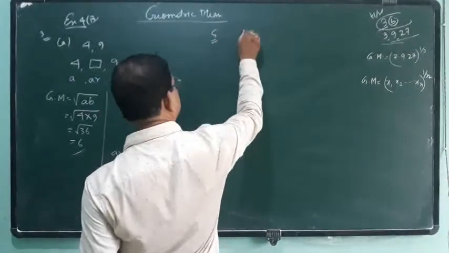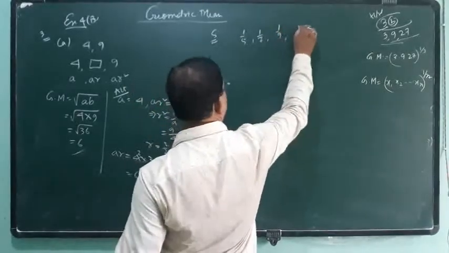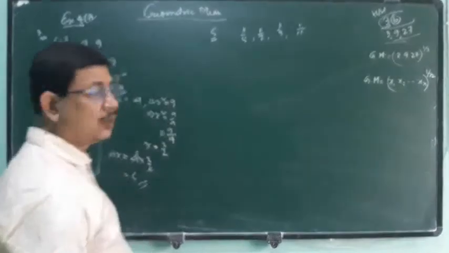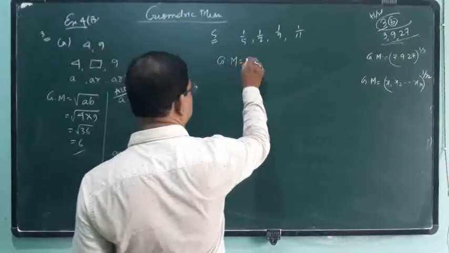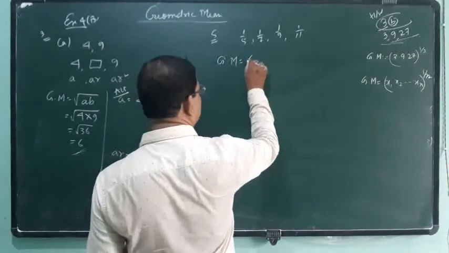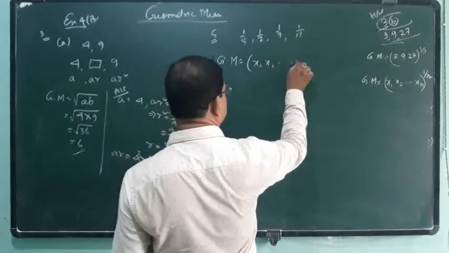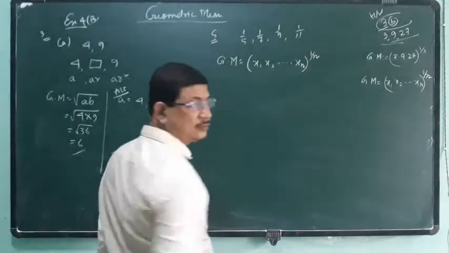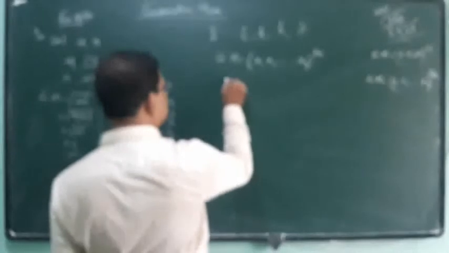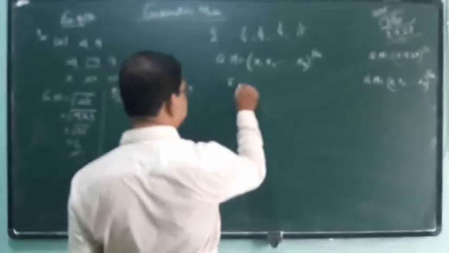Here the given numbers are 1 by 5, 1 by 7, 1 by 9, 1 by 11. To get the geometric mean of these numbers, the geometric mean formula is, as I have said already, x1, x2, ... xn to the power 1 by n. Here also, suppose it is x bar I have written.